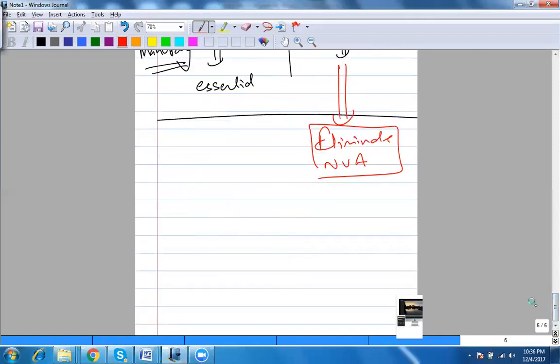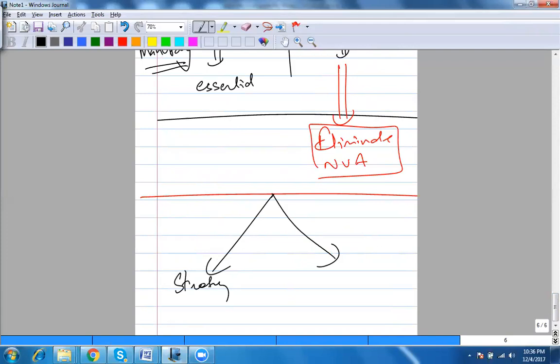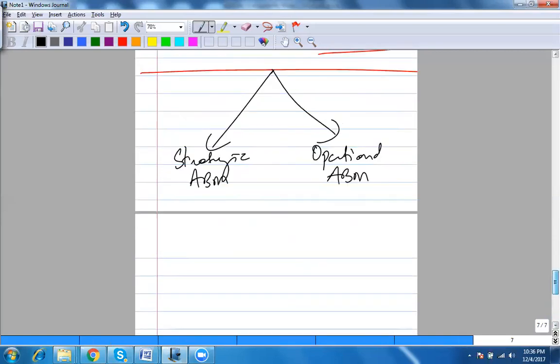Now, activity-based management is of two types. One is strategic ABM, and the other is operational ABM.